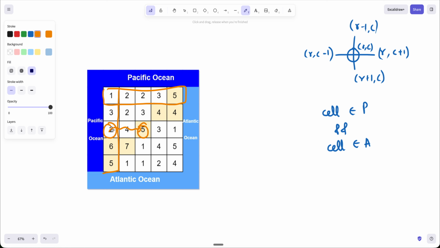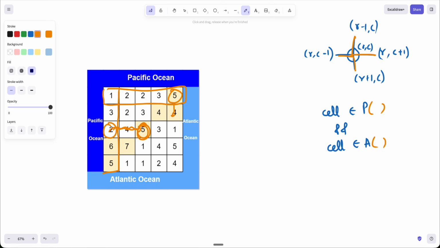So if I'm starting at this cell, I'm checking if I can flow to this cell, and if I'm able to reach its adjacent cells, in 4 directions. So we will check in all 4 directions. If we are able to flow in that direction, and if the Pacific Ocean is flowing to a particular cell, we will insert it into our Pacific Ocean set. If the Atlantic Ocean is flowing to a particular cell, then we will push it into the Atlantic Ocean set. And if the cell is contained in both our Pacific and Atlantic sets, only then we are going to put it into our answer. So now let's try to code it up.